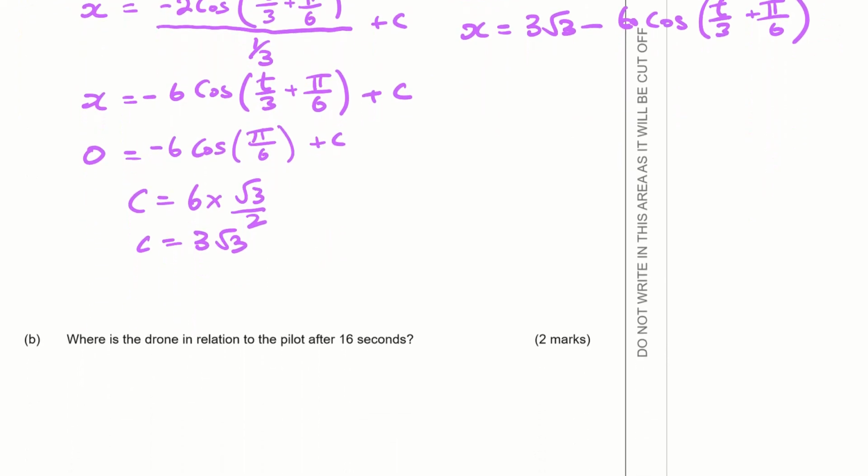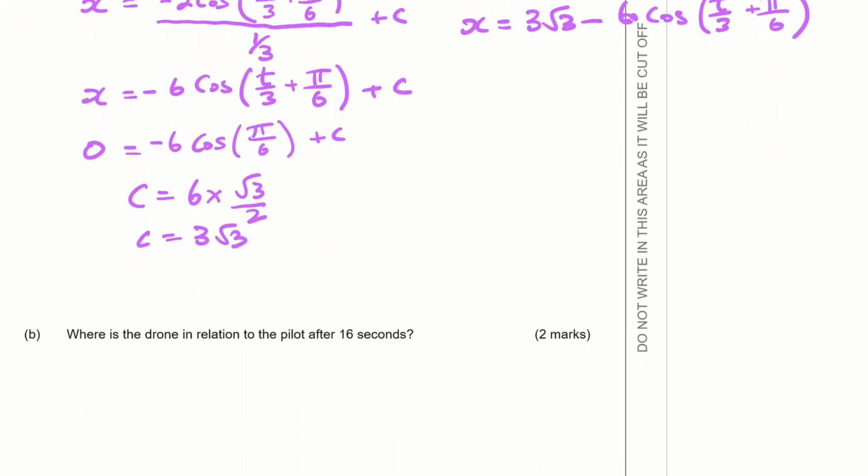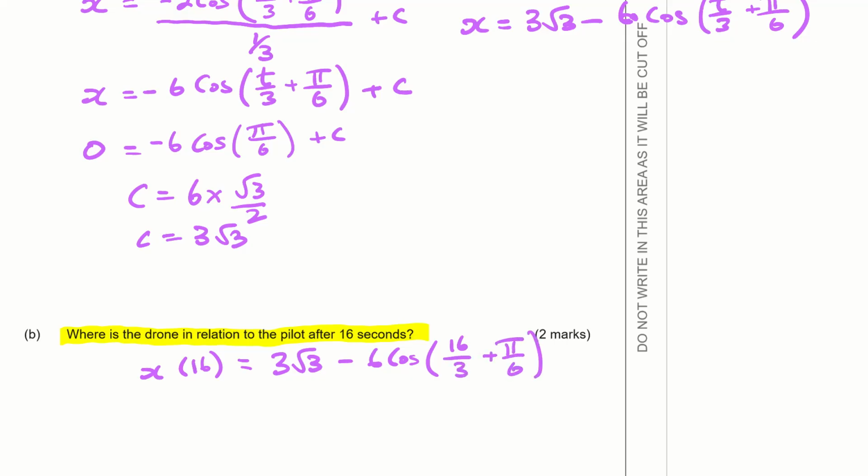Okay, let's move on to part B. Where is the drone in relation to the pilot after 16 seconds? Well, that is just going to be x(16), which is 3 root 3 take away 6 cos(16/3 + π/6).